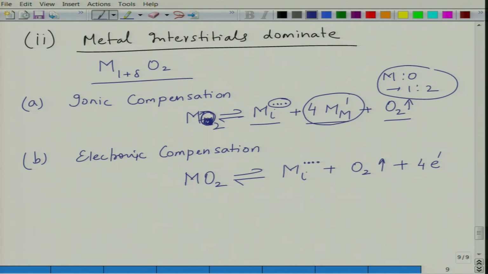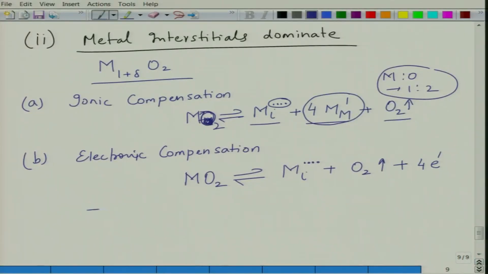Again it is an n-type defect, just like phosphorus-doped silicon. But in phosphorus-doped silicon, phosphorus goes to a substitution site, not an interstitial site. So it is not an M1 plus delta O2 kind of defect; you are just replacing silicon with phosphorus. Here you are pushing in extra metal.